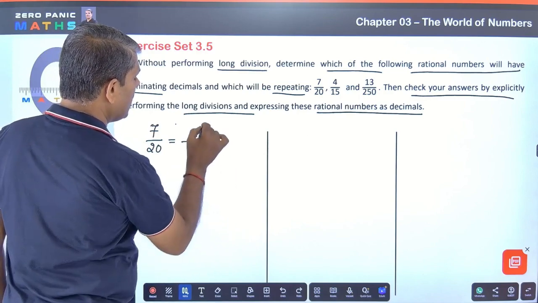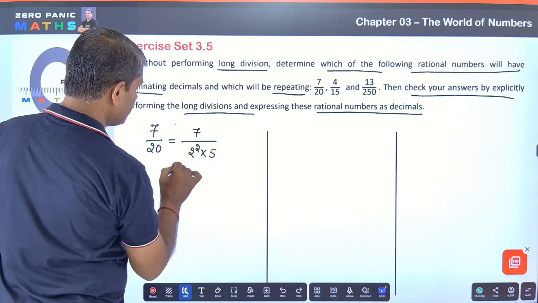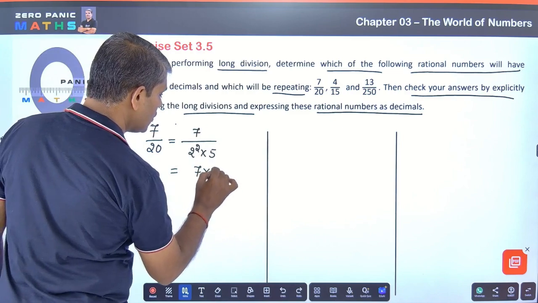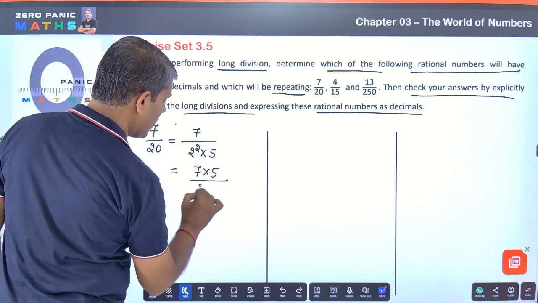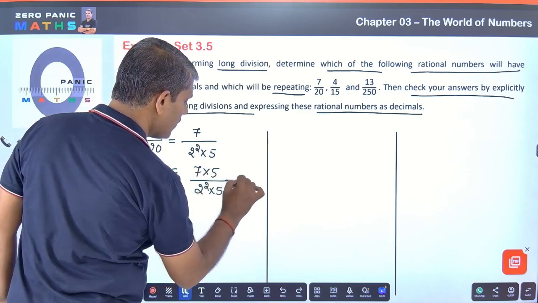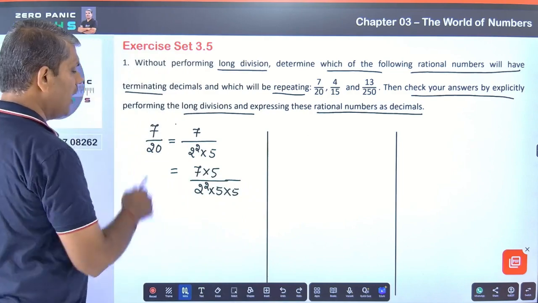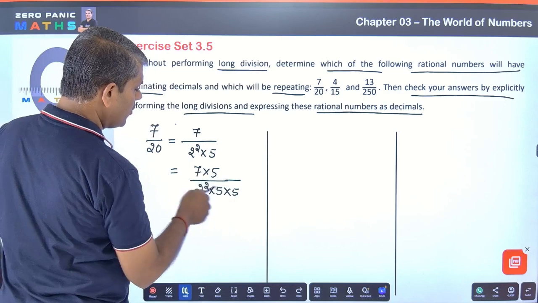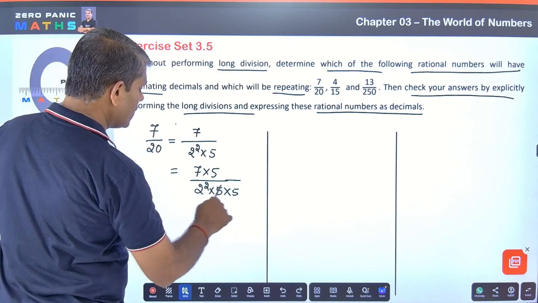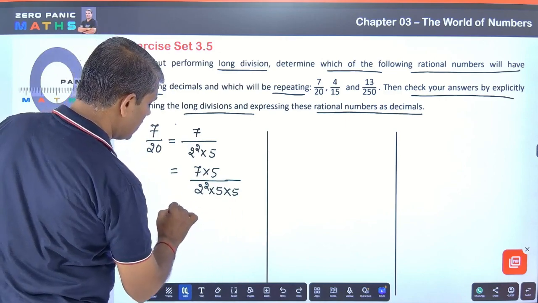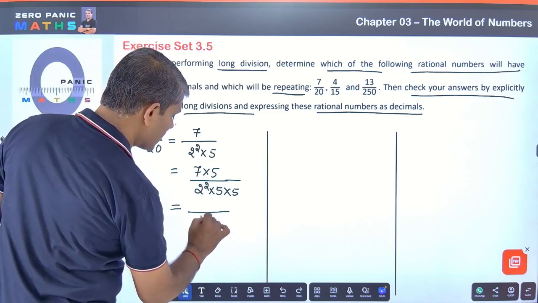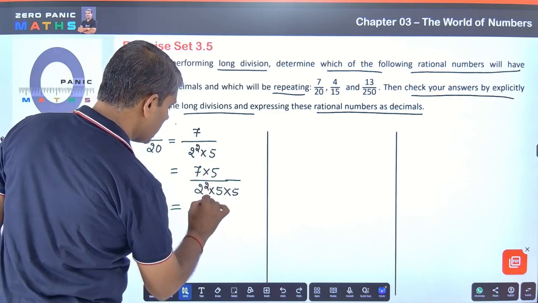Now multiply and divide the numerator and denominator by 5, just to convert the denominator into 100. Such an example we have discussed in the previous session, that's why I'm not explaining it more. With this multiplication and division by 5, the denominator becomes 100 and the numerator is 35.